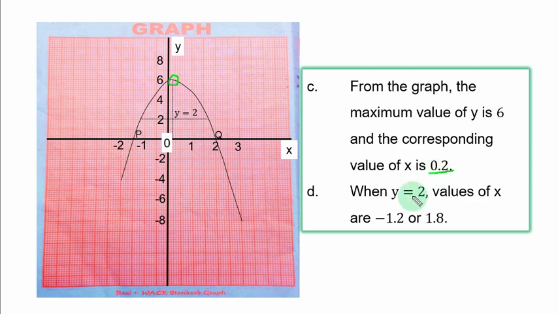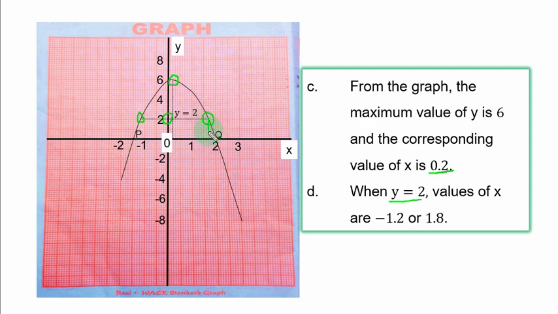D. Find the values of s when y is equal to 2. This is 2 now, so you mark point 2 and you trace it to the curve at both sides, that is left and right, the negative and positive values of s. When you trace, one point is here, another point is here, and when you trace these 2 points to the x-axis, let me trace this.